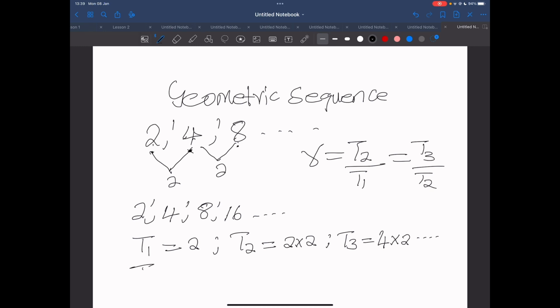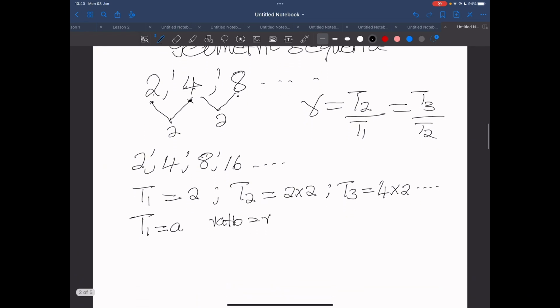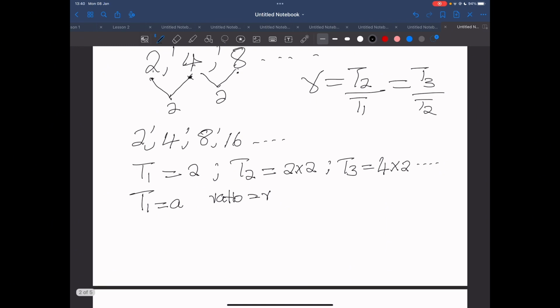So, trying to generalize this, if term number 1 is A and the common ratio is R, then to get the terms, term number 1 is A, term number 2 is A multiplied by R, which is AR, and then term number 3 will be term number 2, which is AR, multiplied by R, which gives us AR squared.